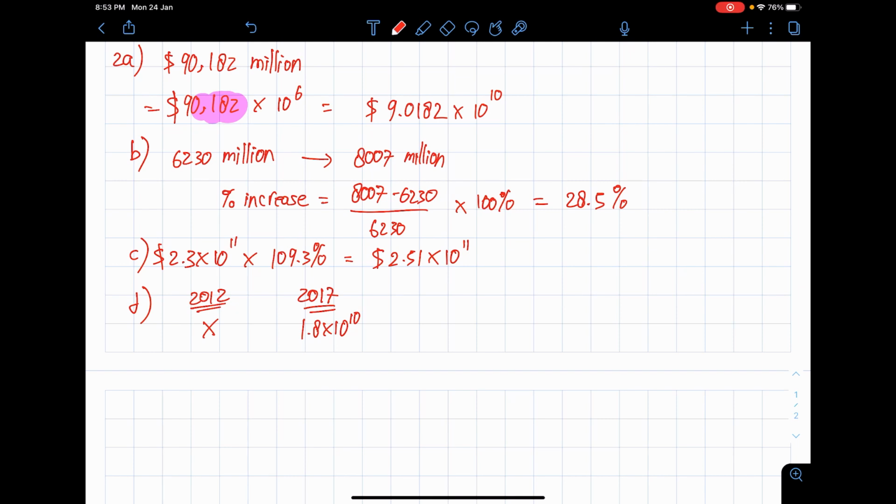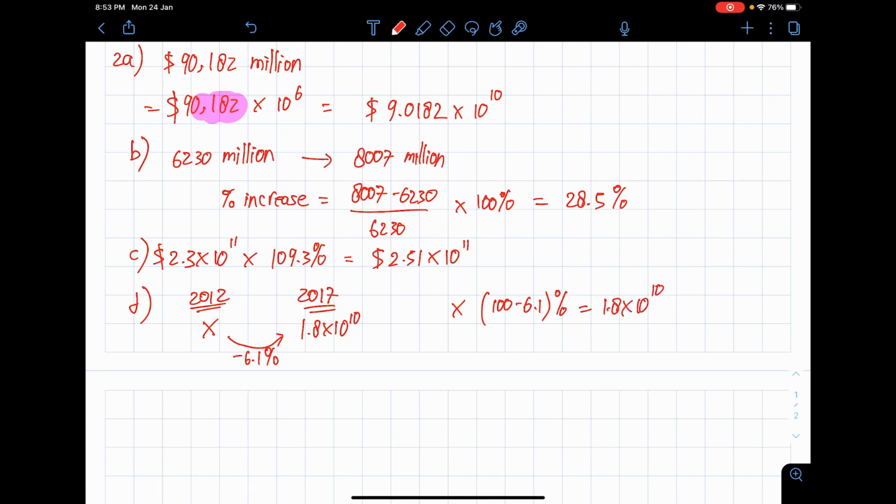There is a drop of 6.1%. In that case, you take the X, which is the 2012 value, and multiply it with the percentage, 100 minus 6.1%, like this. And this equals 1.8 times 10 power of 10.